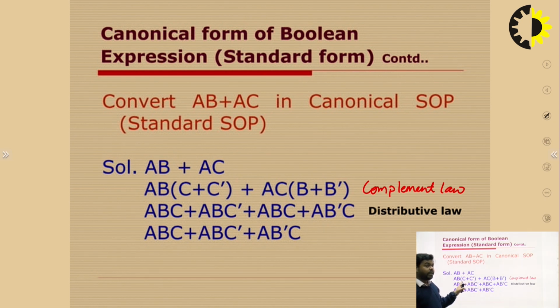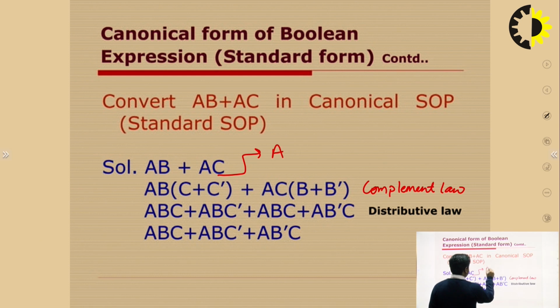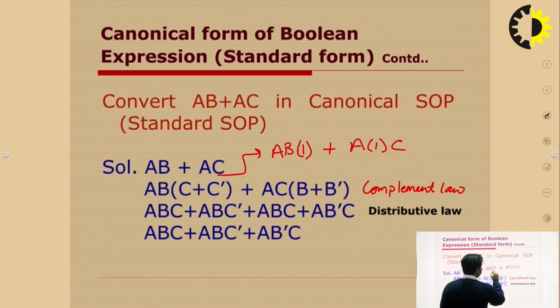So we can include a here: ab dot 1, plus a dot 1 dot c, because we can write 1 over here. Because c is missing and b is missing, we put here c plus c dash and b plus b dash. So multiplying, we get abc, abc bar, then abc, ab bar c.